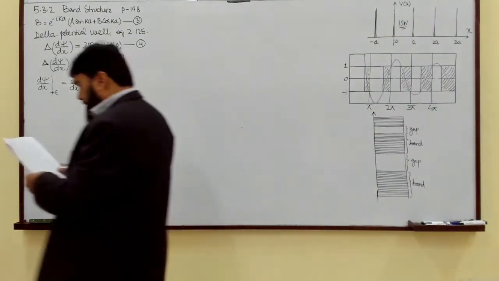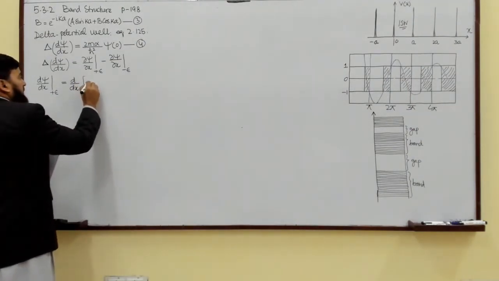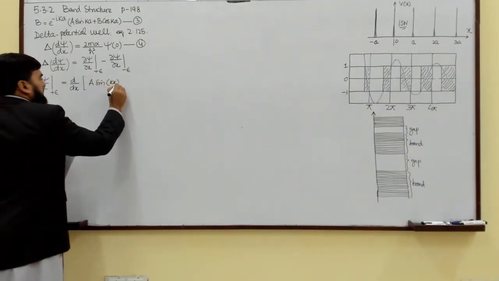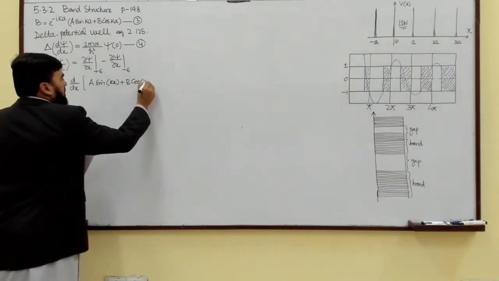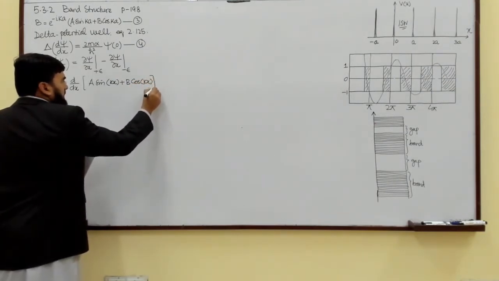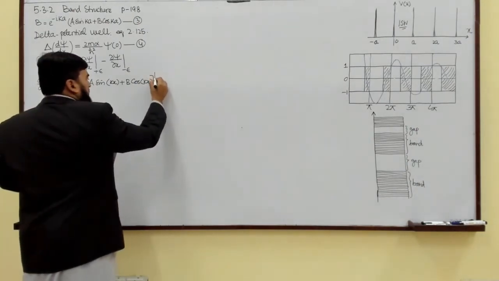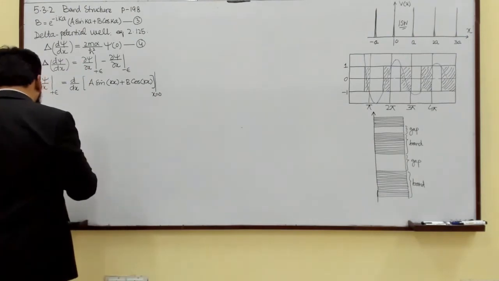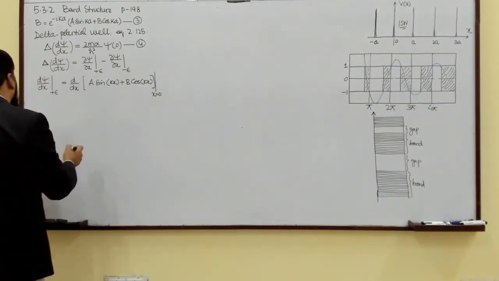The first wave function, you remember, was A sin kx plus B cos kx. I will calculate this at x equal to 0.